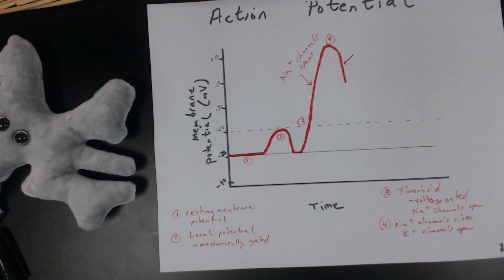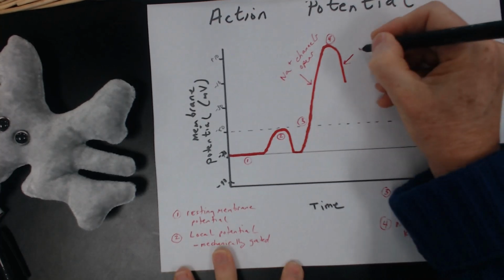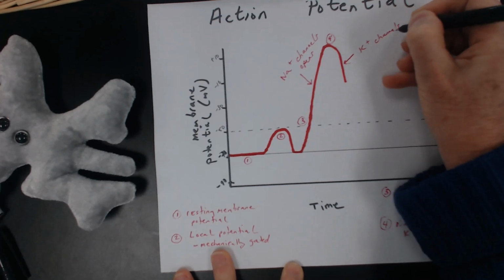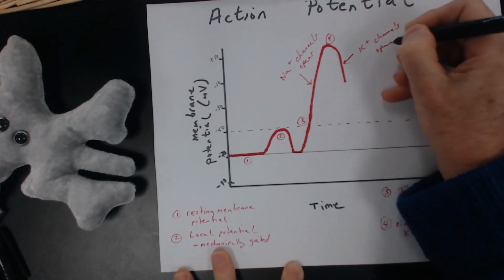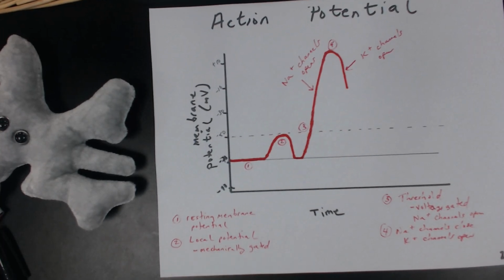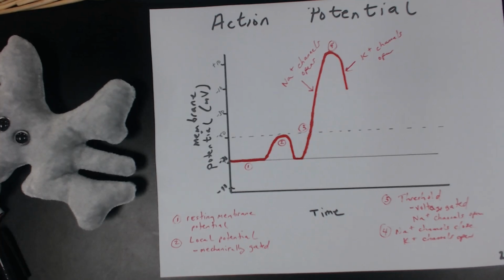When my potassium channels open, potassium is going to leave the cell and go into the extracellular environment. So here is where potassium channels open. Okay, so as potassium starts to leave the cell, then the cell itself becomes more negative in charge.